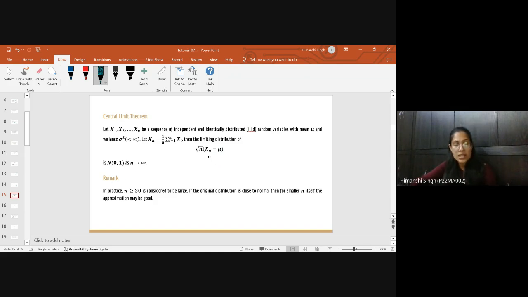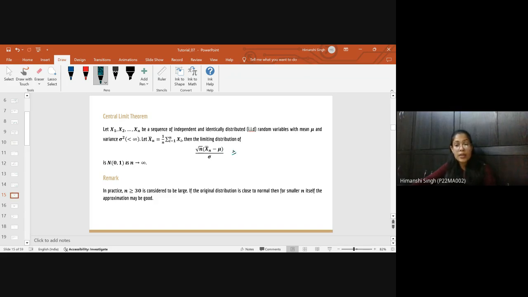So how large should n be considered? In practice, n greater than or equal to 30 is considered to be large, so that we can find the limiting distribution of this quantity. Now, if the original distribution is very close to normal, then for smaller n also this approximation will give a better result.